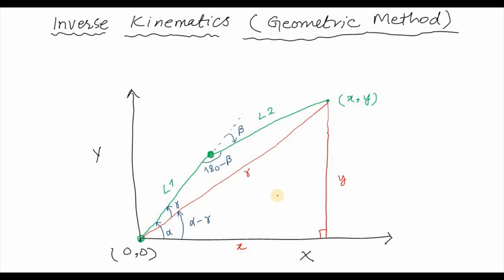So now it's time to do some calculations and try to find this angle alpha and this angle beta. The known quantities are L1 and L2, and also X and Y. So let's see how we can calculate alpha and beta using geometry or trigonometry formulas.